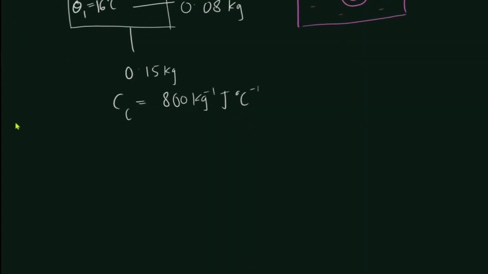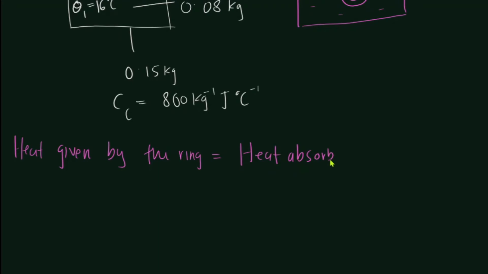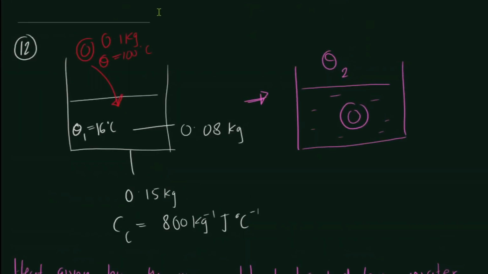So here, simply, heat given by the ring equals heat absorbed by water plus calorimeter. Heat given by the ring: what is the mass of the ring?